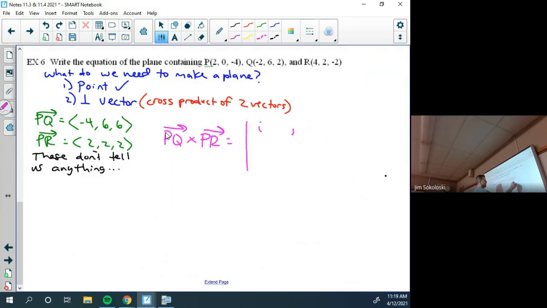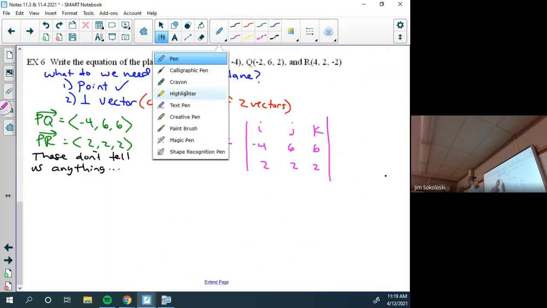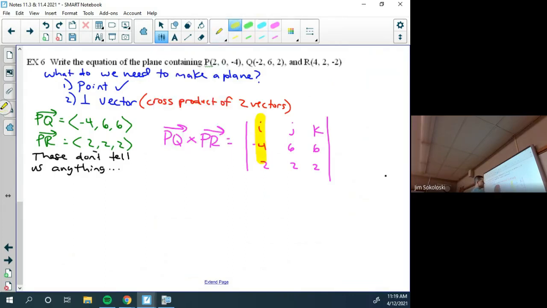So I got i, j, k, -4, 6, 6, 2, 2, 2. I like to use my highlighter here. It makes things stand out. Okay, I like to use my highlighter here and go that way. And then I like to use the blue because you see that little overlap.